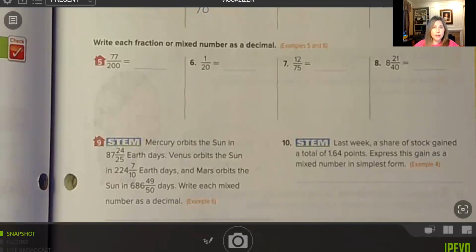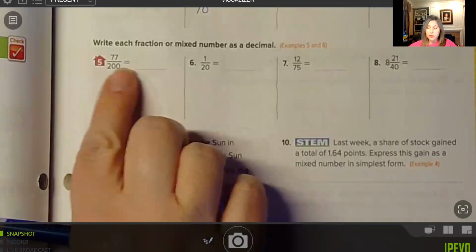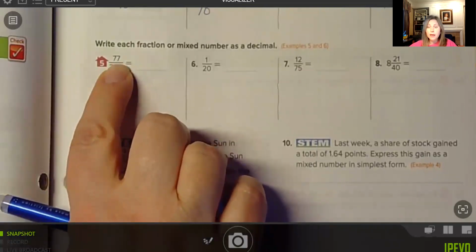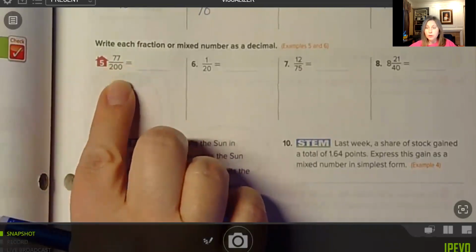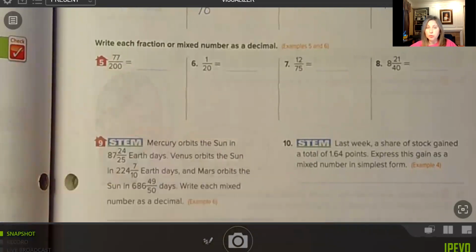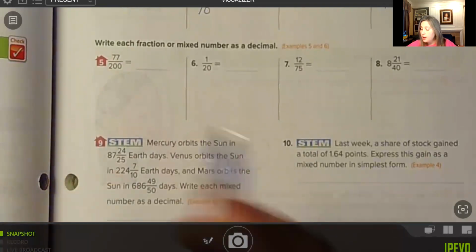When I look at number 5, I see 77/200ths, and I know that 77 is odd, so I can't divide by 2. If my numerator were even, I could divide by 2 and then easily get hundredths, which I can write as a two decimal place value, but it's not 100.